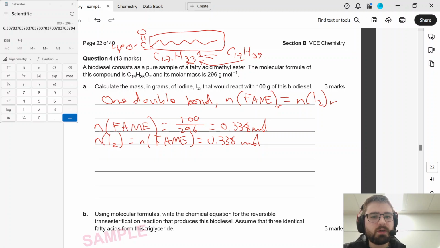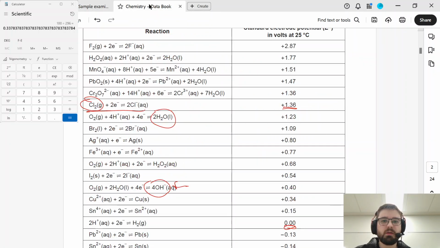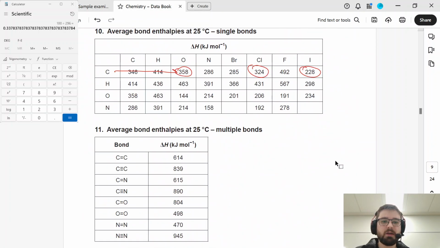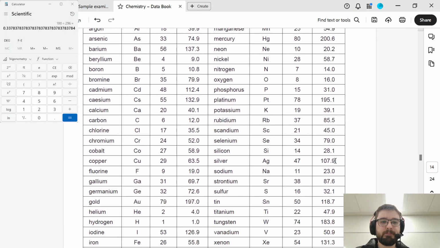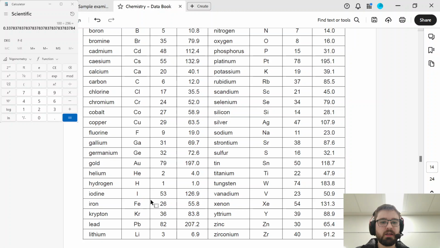There's no trick here, right? And then the mass of iodine is going to equal the amount of iodine times the molar mass of iodine, which let's go have a look up. Iodine is 126.9.